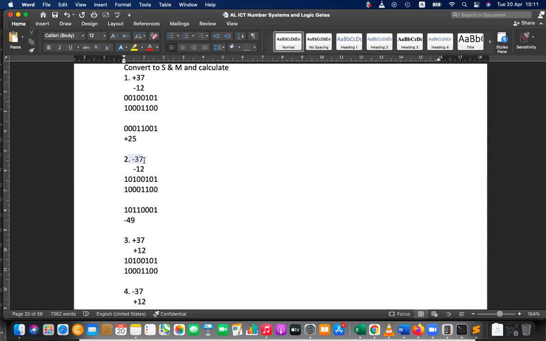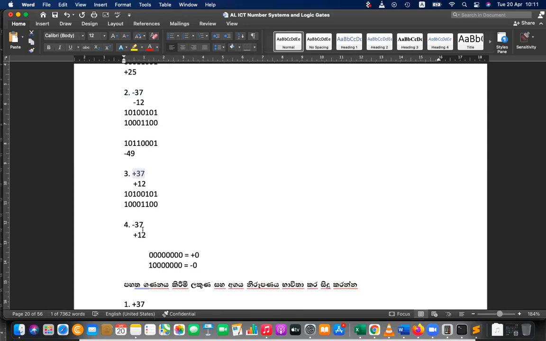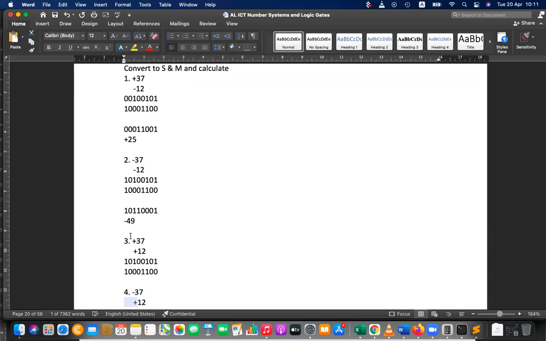Second one, both are minus, you have to add. Third one, both are plus, you have to add. Fourth one, plus 1 is smaller than minus 1. Then what to do? Then again, you have to subtract the smallest from the biggest one and write the answer as negative. Right?